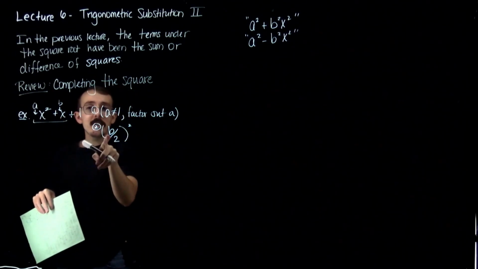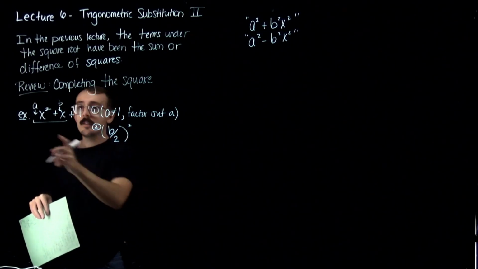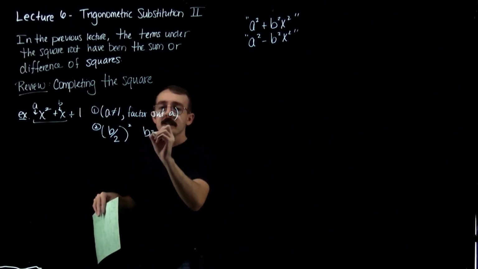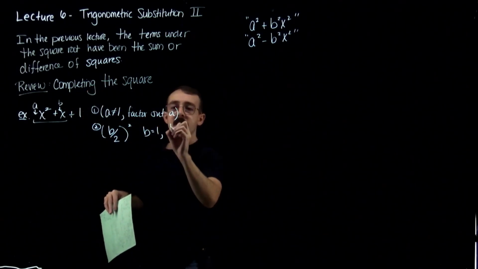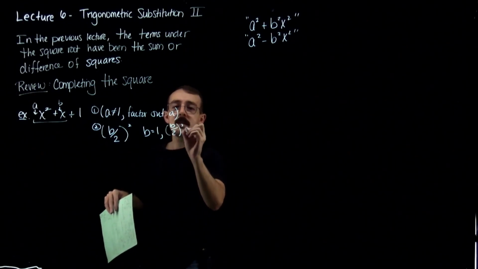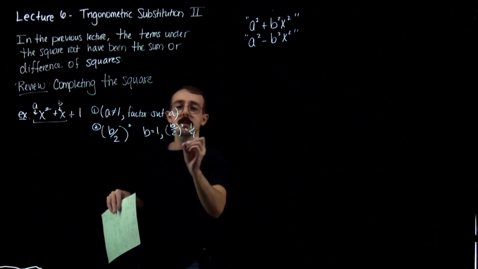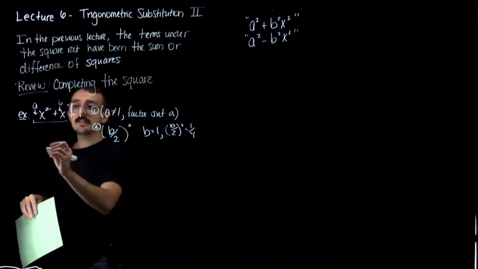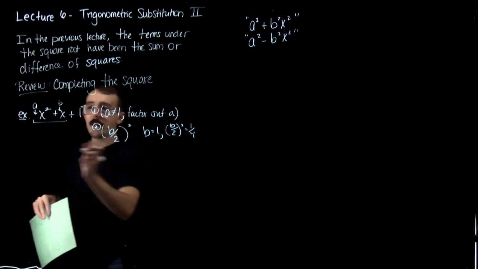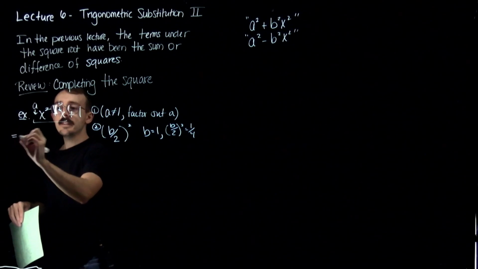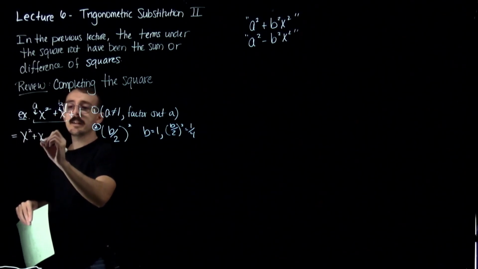We're going to take that number, cut it in half, and square it. So this time, b is equal to 1, and b over 2 squared would be 1/2 squared, which is a fourth. So we take this and we introduce this into the equation, and you're always going to add this part. So this is equal to x squared plus x plus a fourth.